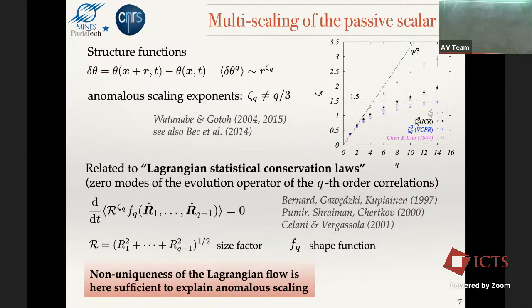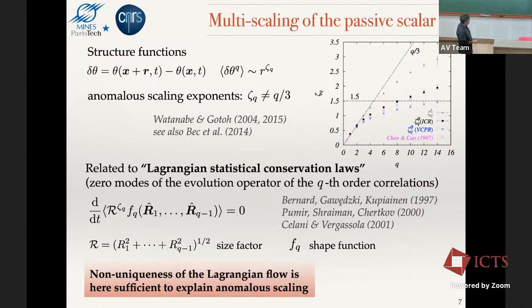And they look like this. So they look like some power of the size of your endpoints here times a function which depends only on the shape of how you put these endpoints. And the power that you have here is exactly the same as the power that you get here. Okay, and this power depends non-trivially on the order. So I'm sorry, here I wrote Q, and here it's N, so it should be Q.